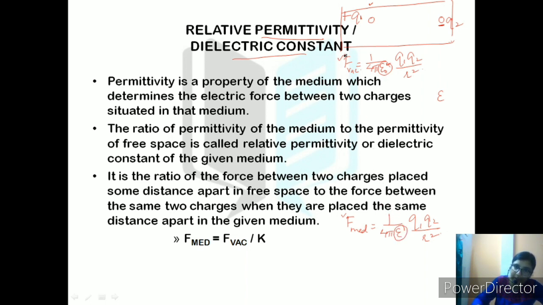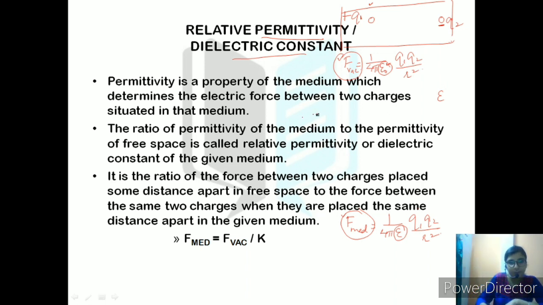That means the magnitudes of these two forces acting between the same charges, separated by the same distance, but in different media, will be different. If different media are used, the force acting between them will be different, and the property which gives a different amount of force acting on these two charges is called permittivity.